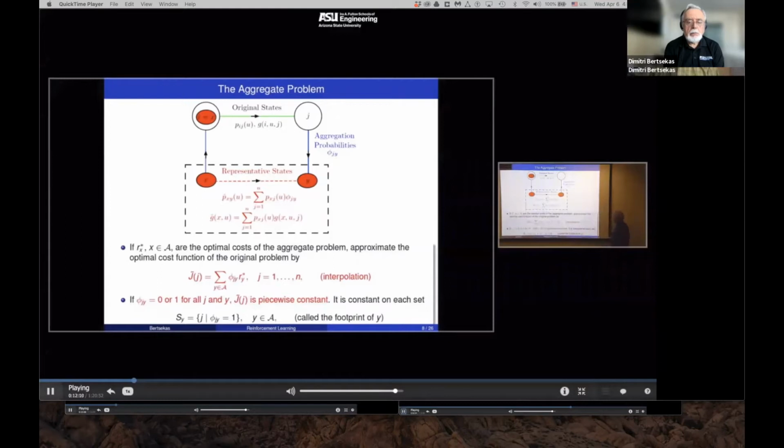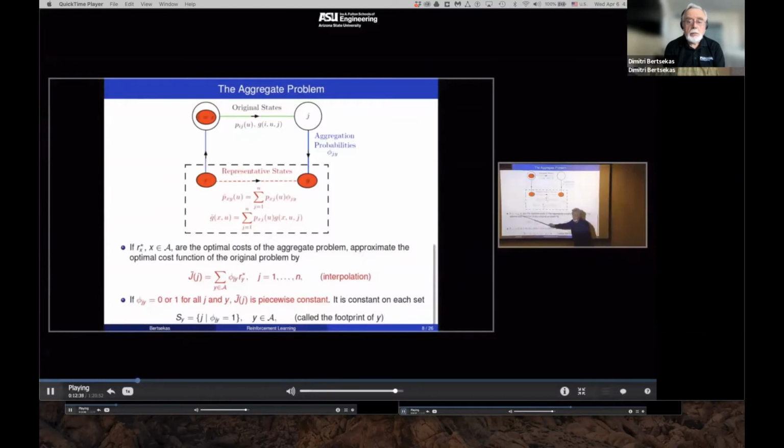And if you consider this set here of all j's for a given y, if you consider the set of all the j's that map onto that y, which I call the footprint of this representative state, then j tilde is constant on this set and takes the value r star of y. Okay? So this is a small dynamic programming problem.